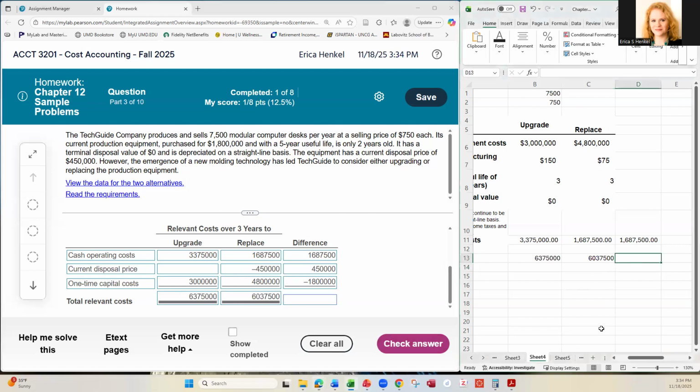And then, okay, so a difference between the two alternatives of 337,500, which I could have also gotten by taking this column minus this column. So these difference ones are always the first column minus the second column here, right? To keep it consistent. This one is subtracting a negative, so it's adding it in.